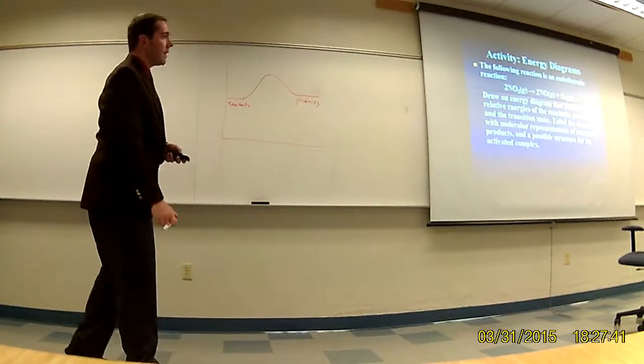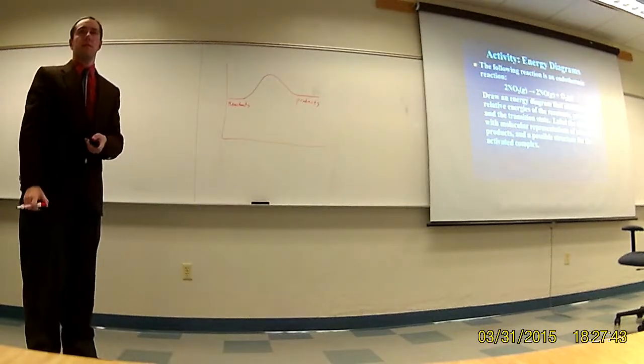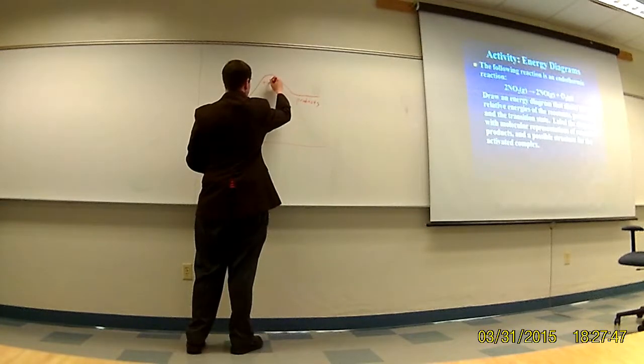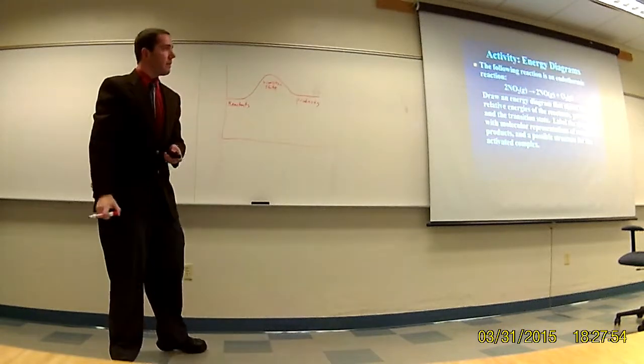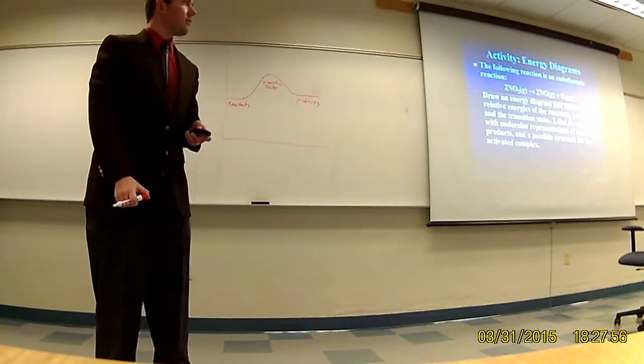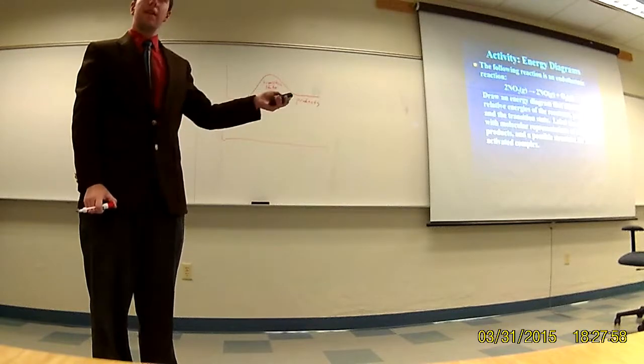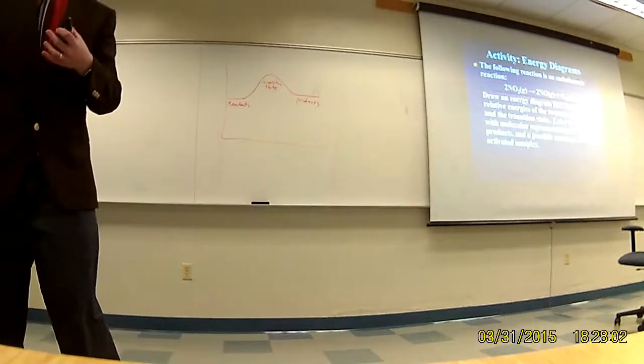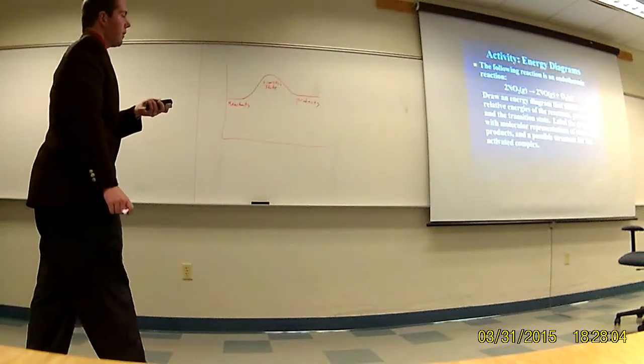It doesn't say it, but where's the transition state? In this case, it also wants us to draw a possible structure. For here, it says activated complex. That's what we're going to call the transition state. So this is our reaction.